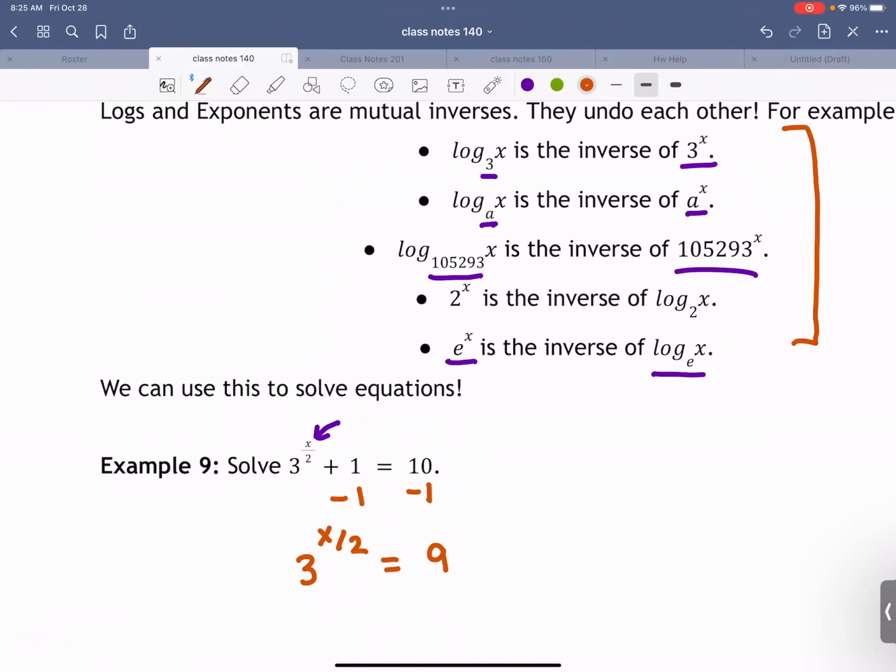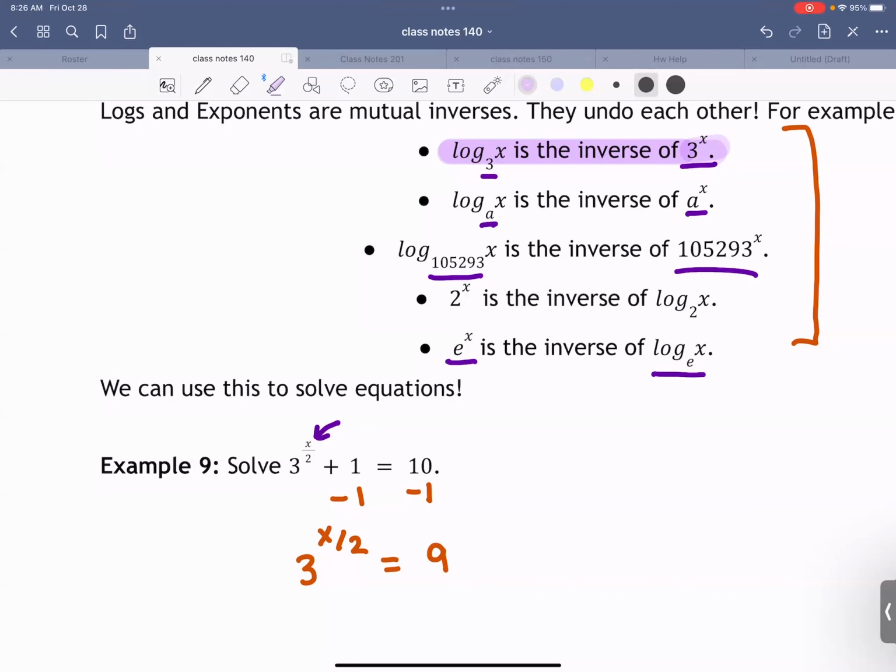We have inverses that undo each other, like squares and the square root or multiplication and division. What do you think is the inverse of 3 to a power? It's right here. Log base 3, right? The opposite of 3 to a power is log base 3 of that number.